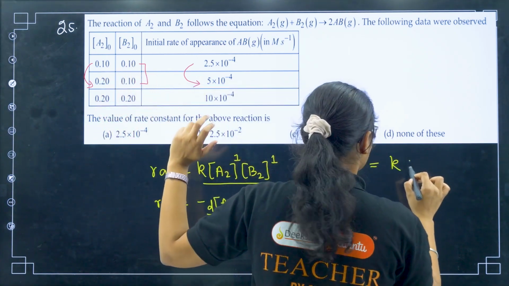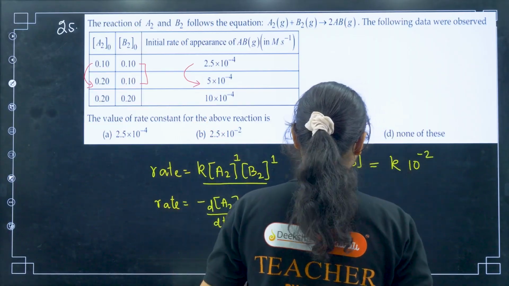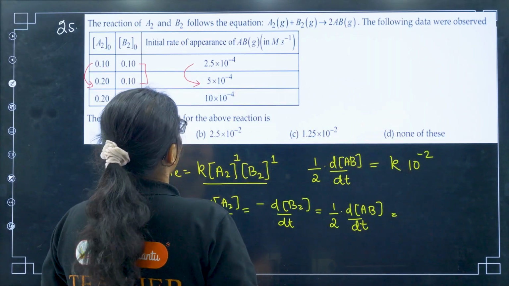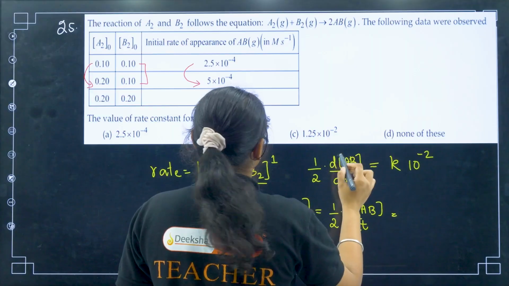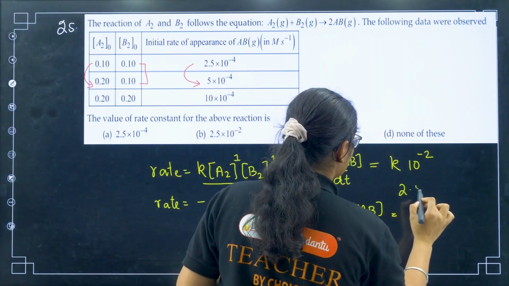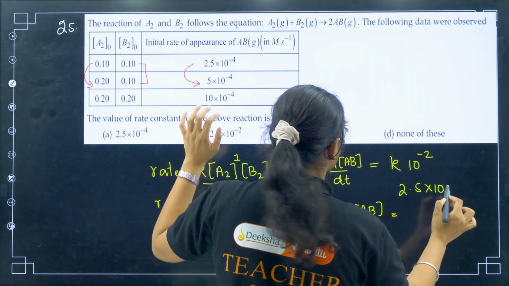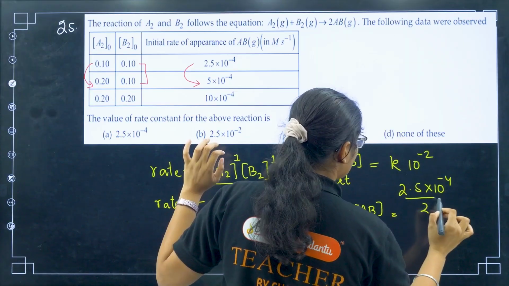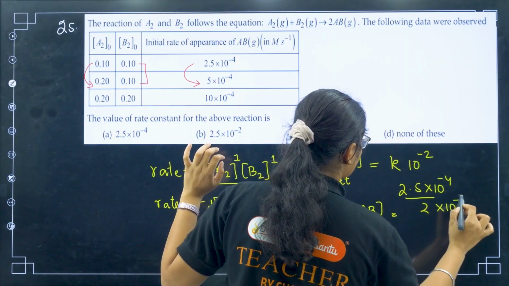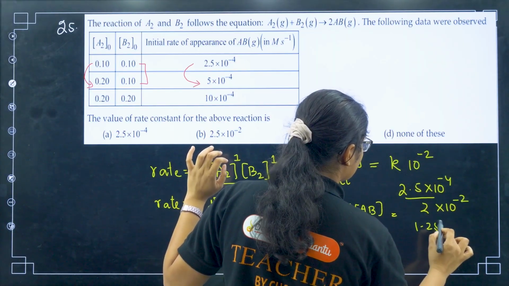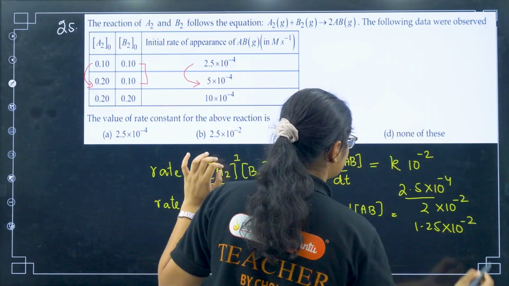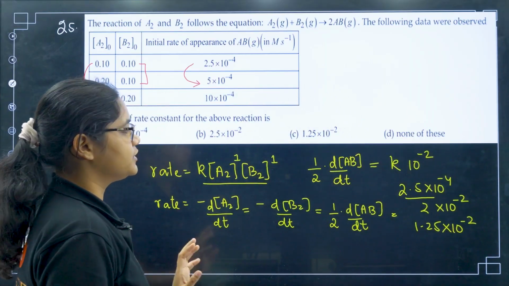So 0.1, 0.1, so I can write 10 to the power of minus 2, right? And here I can write this one as 2.5 into 10 to the power of minus 4 divided by 2 divided by 10 to the power of minus 2. So I'll get 1.25 into 10 to the power of minus 2. Okay, so that is your option number C.